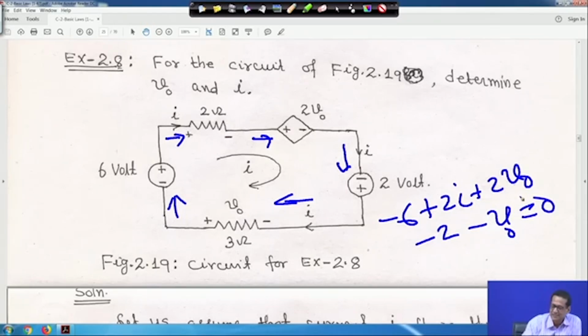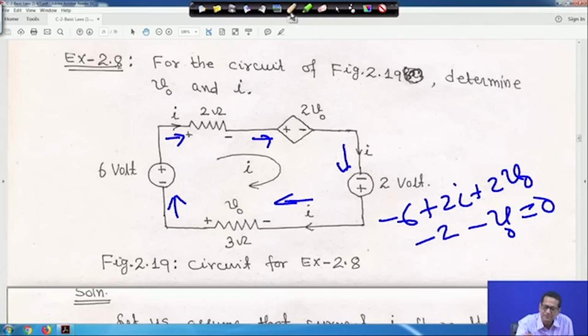So that means minus 6 plus 2 into I, because V is equal to IR, R is equal to 2, encountering the plus terminal. So 2 I. Here also plus terminal, so 2 V 0. Here encountering the minus terminal, so minus 2 because it is a voltage source. Here also the minus terminal, and the voltage across this 3 ohm is V 0, so it will be minus V 0. V 0 will be minus 3 into I, that we will see later. So this equation is equal to 0.